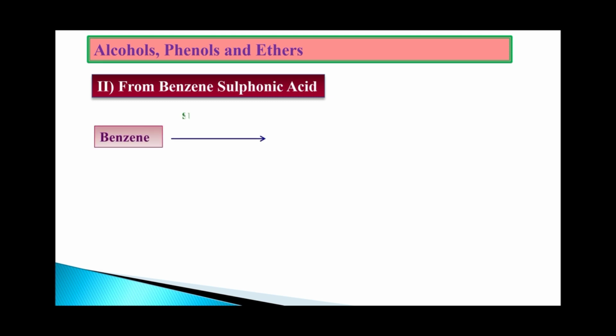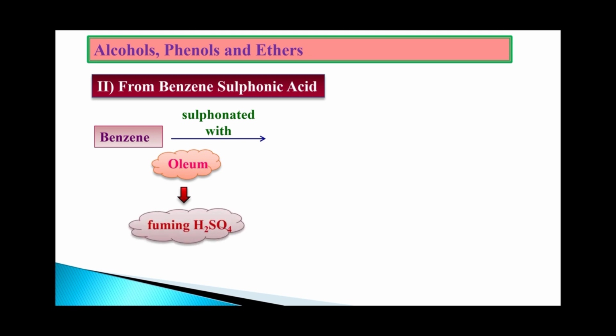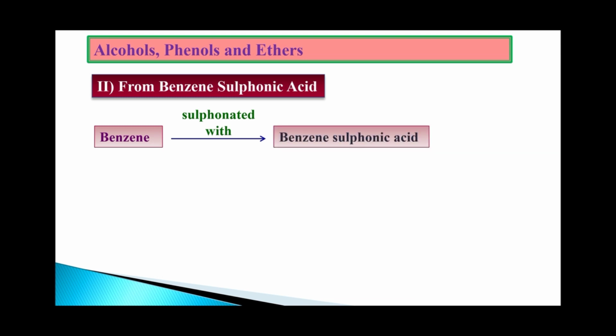For the sulfonation we use highly concentrated H2SO4, that is oleum. The formula is H2S2O7, and another name for oleum is fuming sulfuric acid. When you sulfonate benzene with oleum, you get benzene sulfonic acid.